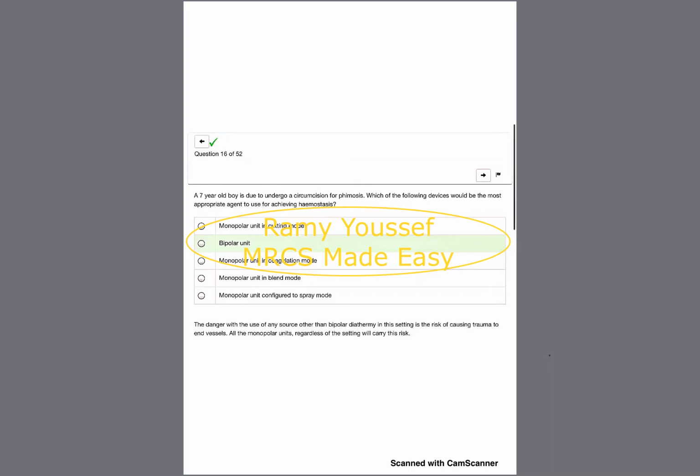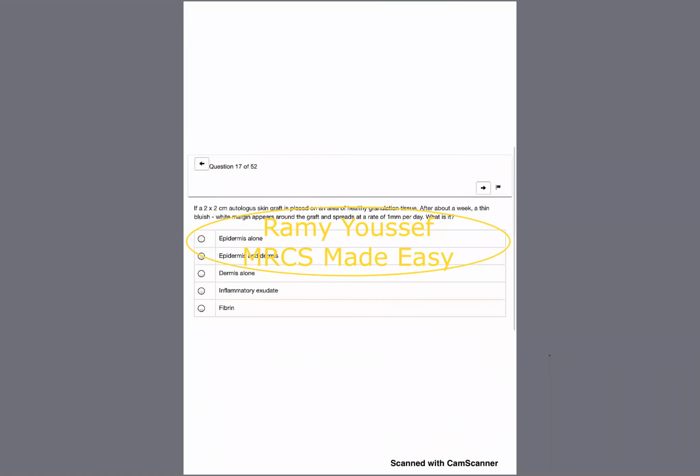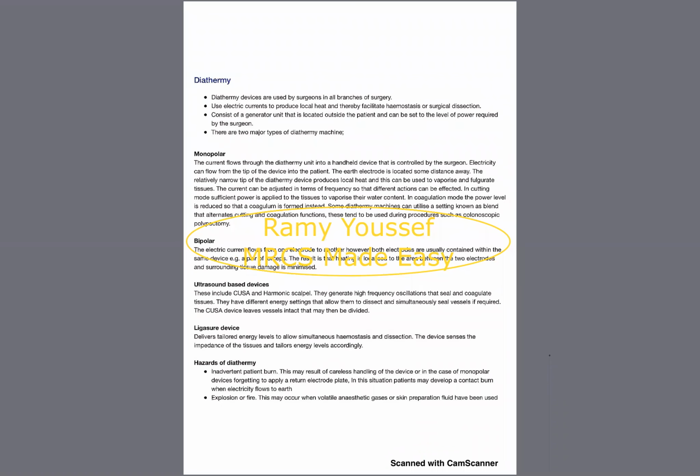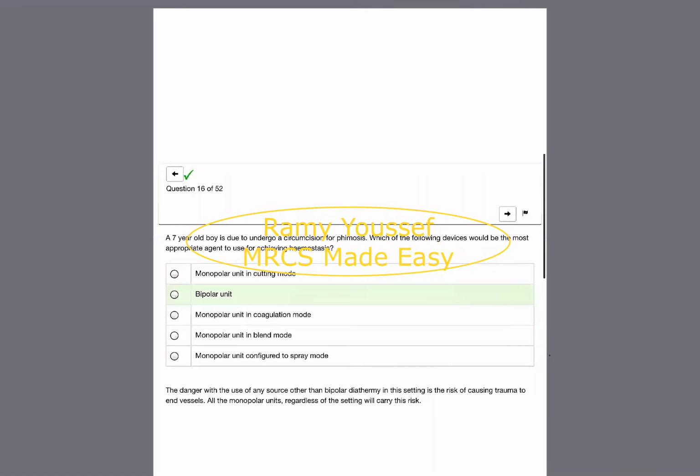First you have to know the difference between unipolar and bipolar. Keep it simple.